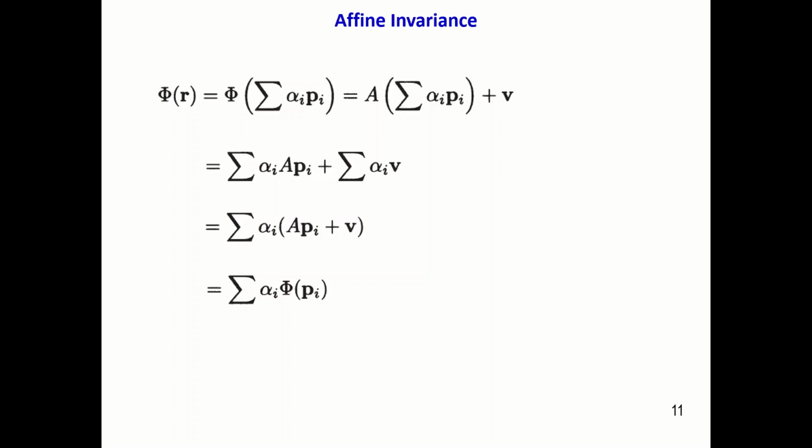We get phi of summation of alpha i p i in place of R, which equals A summation of alpha i p i plus v, and further by computing we get summation of alpha i A p i plus summation of alpha i v, which equals summation of alpha i A p i plus v, and further by substituting we get summation of alpha i phi p i, which equals phi of R. So finally we get phi of R equals summation of alpha i phi of p i.